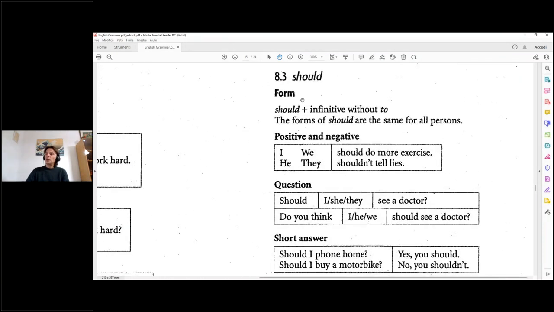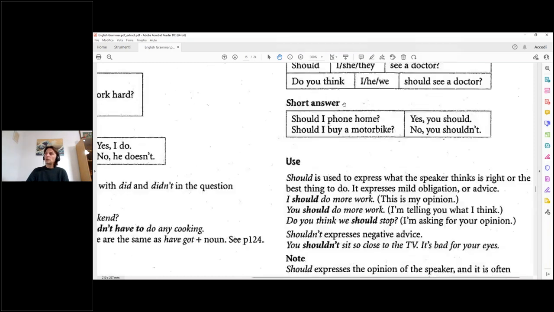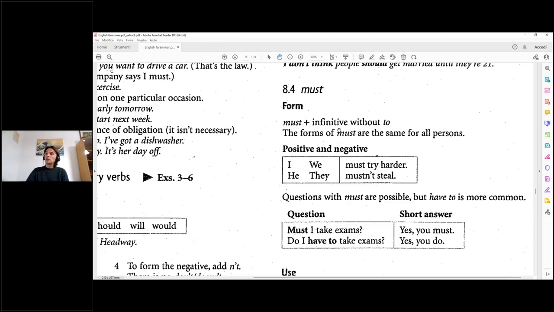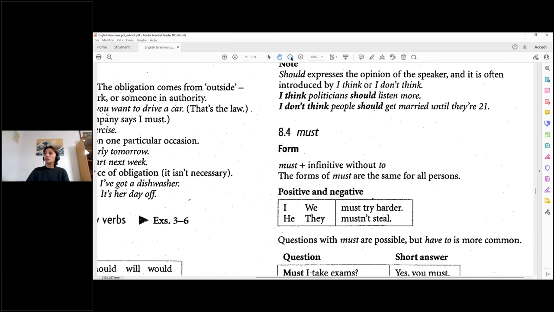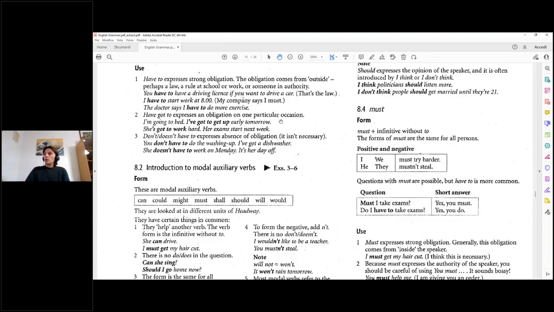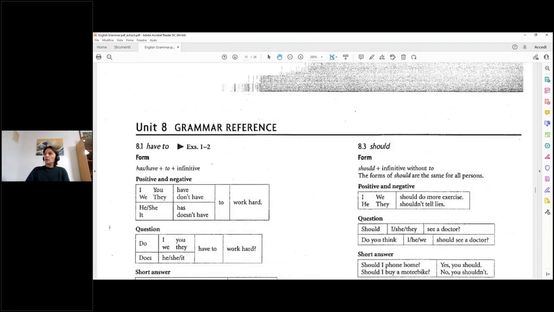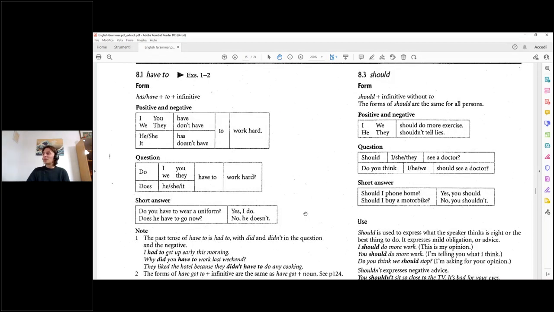Should is we should, dovremmo, it's a conditional, and must, right? Must, dovere, like you must study, dovete studiare, of course, right, guys? You must study in order to pass the exam.